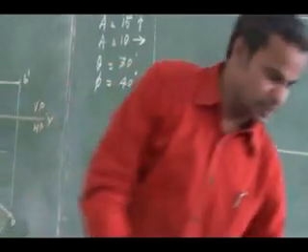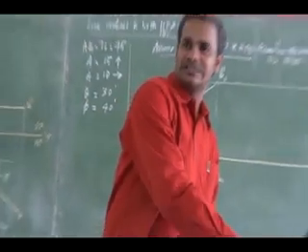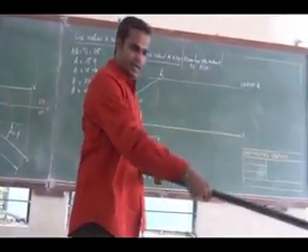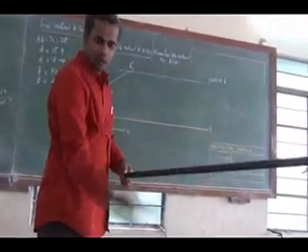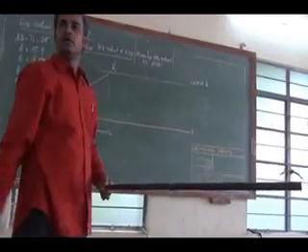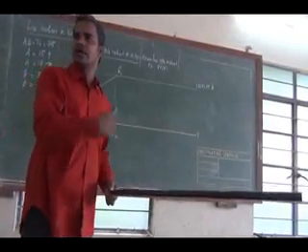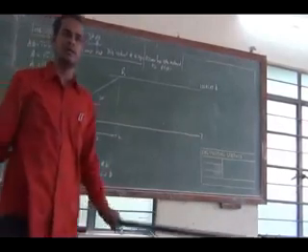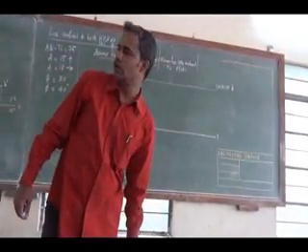The line originally was like this. What I am going to do is make it parallel to HP, and it is only inclined to VP. So in this assumption, I will get two results. Using these two results, I can draw my final front view and top view.